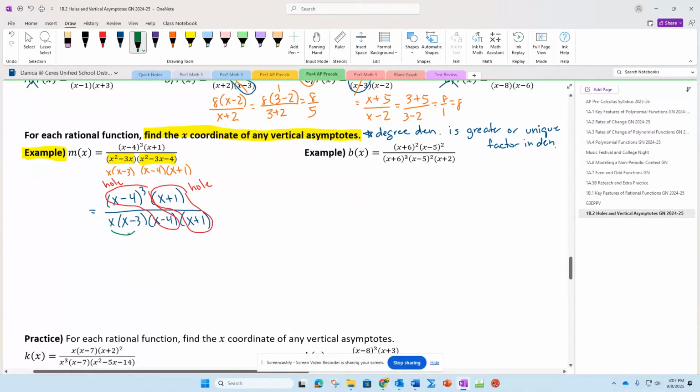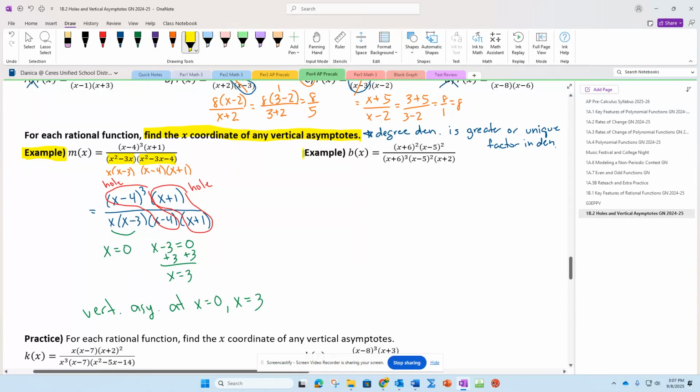So each of these is unique. So we get x equals 0. And when we have x minus 3 set equal to 0, undoing the subtraction with addition gives us x equals 3. So we have vertical asymptotes at both x equals 0 and x equals positive 3.